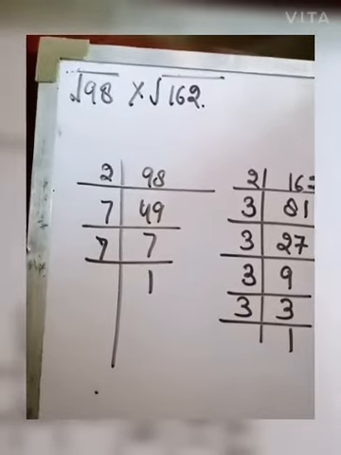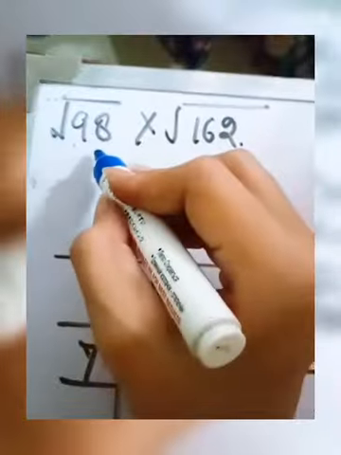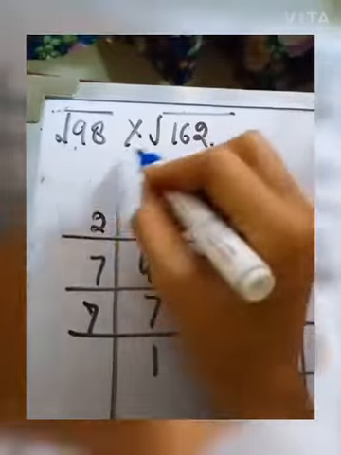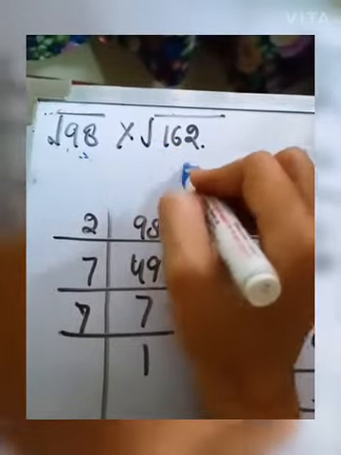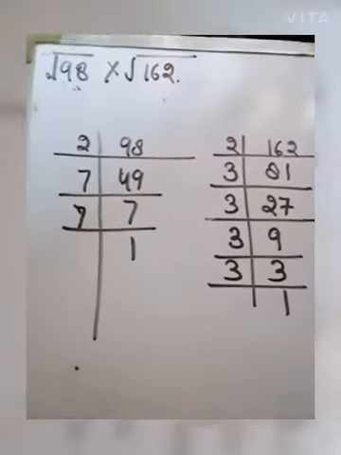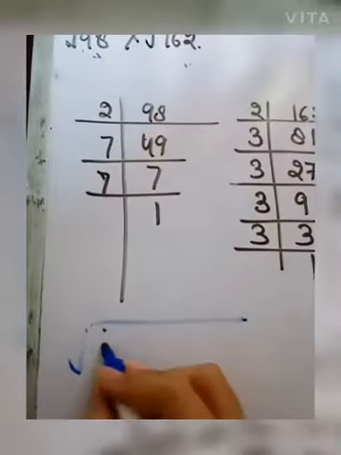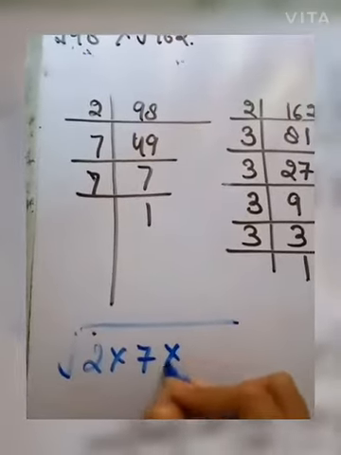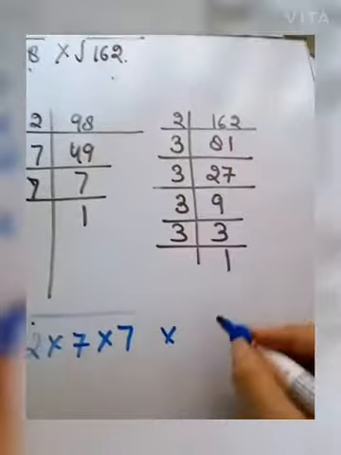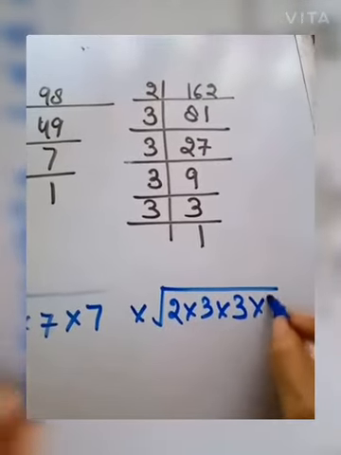Now students, see here, under root 98 multiplied by under root 162. Both these numbers are not perfect squares, so first do the prime factorization of each number separately. From 98 we have 2 into 7 into 7, multiply sign, and from 162 we have 2 into 3 into 3 into 3 into 3.